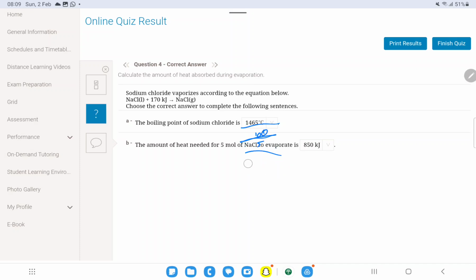They wanted it not exactly, but it is the greatest boiling point because 100 is for water and it takes more heat to boil NaCl or salt than water, so 1465. The amount of heat needed for 5 moles of NaCl, you multiply the 170 times 5, you get 850 kilojoules.